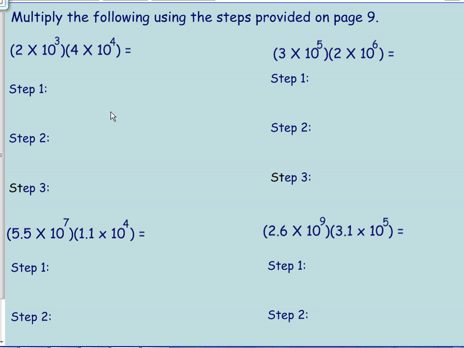All right. So, for example, we have this problem right here. My first step, as it said before, is to multiply my coefficients together. So 2 times 4, which is 8. And then I multiply my bases, or my exponents together. So in this case, we just add 3 plus 4, which is 7.